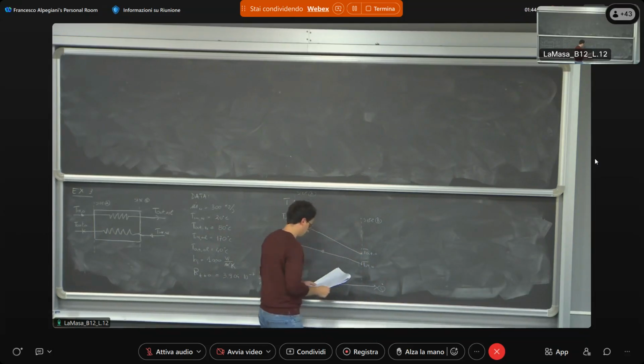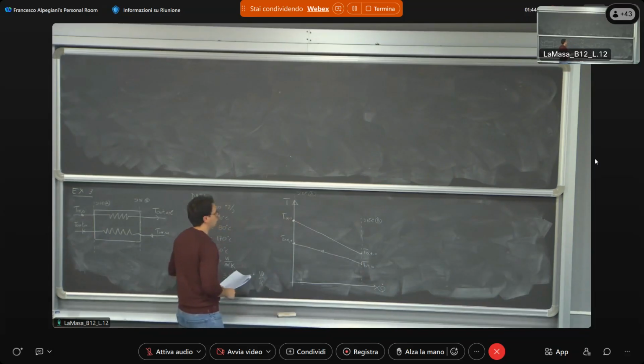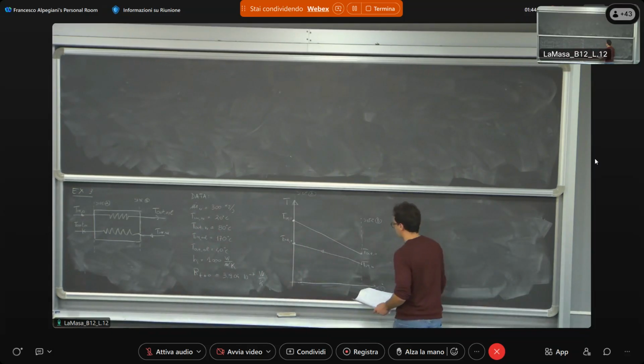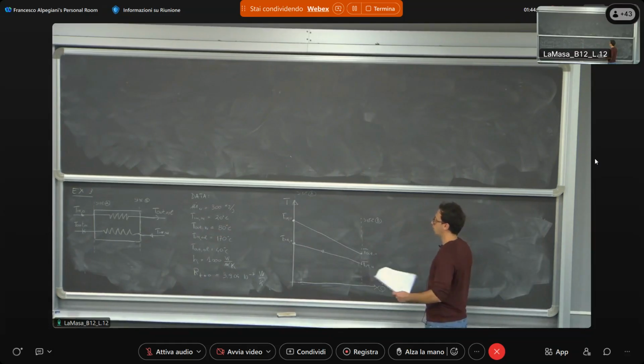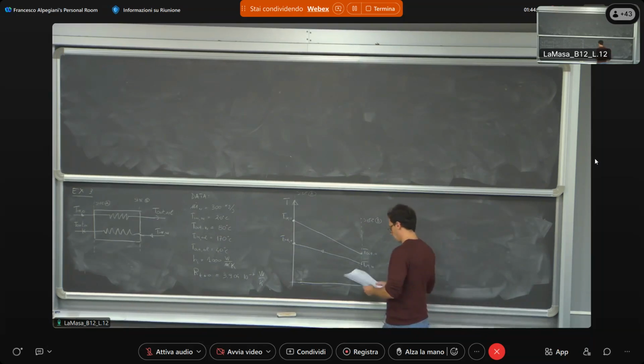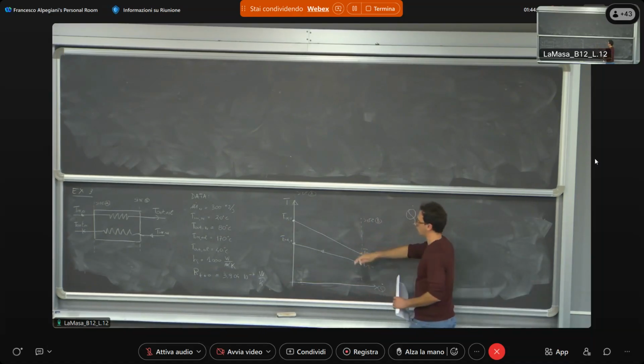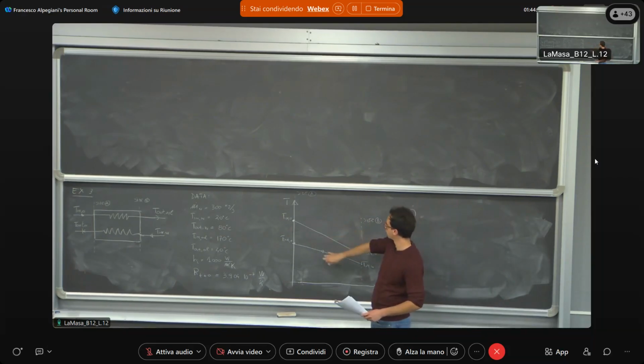and so you have everything for evaluating the heat exchange inside the heat exchanger. So Q dot, you can choose one of the two sides, and in this case, you have to use the side of the water because you have the mass flow rate of the water.